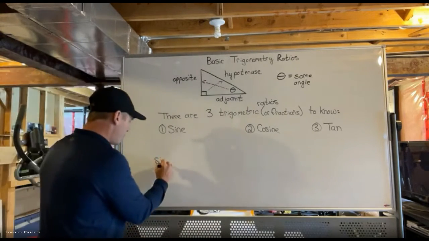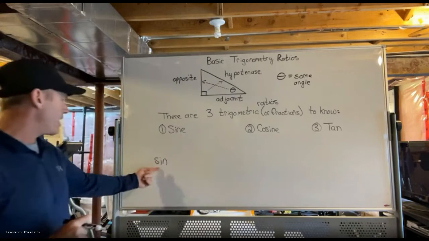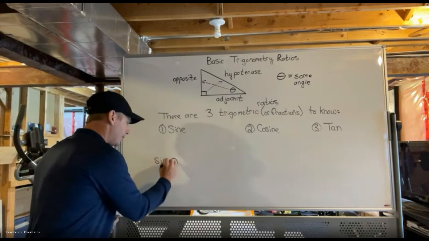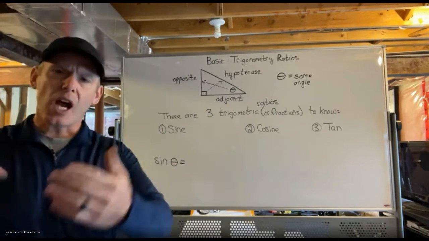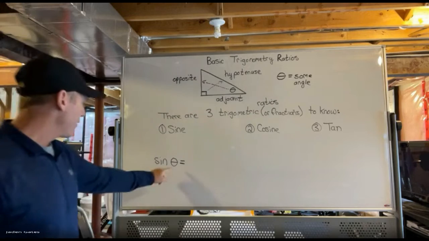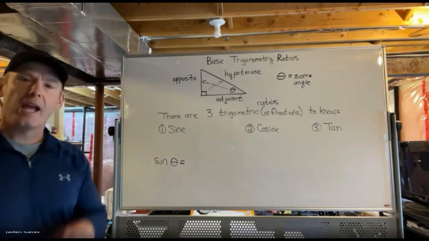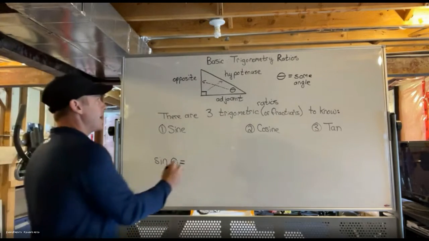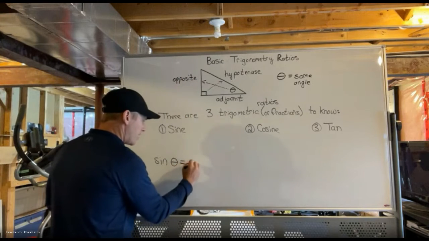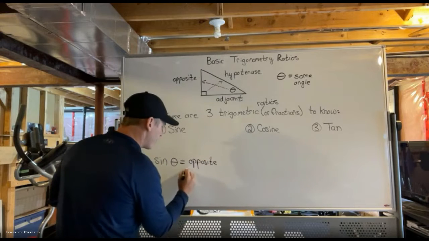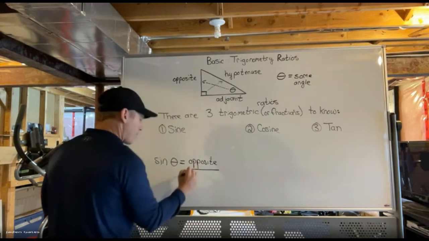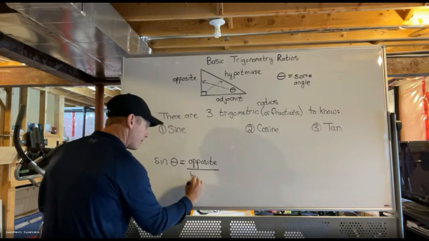The sine, we write sin, and you might have seen this on your calculator, theta. And so what that ratio is saying is, what sides are we going to divide when looking from this angle? And the sine ratio is when you take the opposite side and you divide it by whatever number the hypotenuse is.